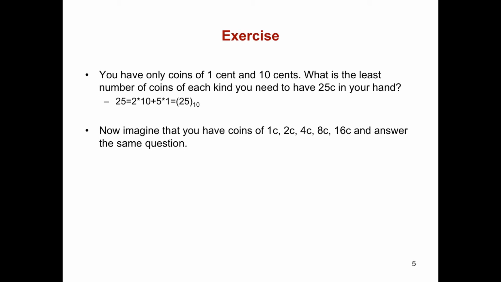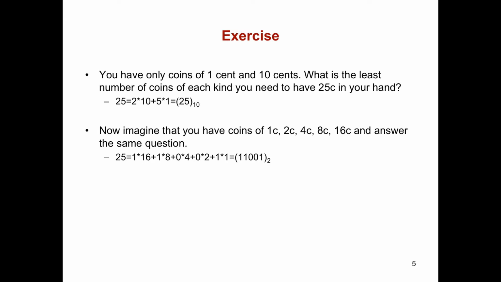Then what's left? 25 minus 16 is 9. What's the largest one I can fit in there and how many? 8. So 16 plus 8 is 24. What's left? 1. So I have 1 times 16 plus 1 times 8 plus 0 times 4 plus 0 times 2 plus 1 times 1. Do you agree? So this is my binary representation of the number 25.